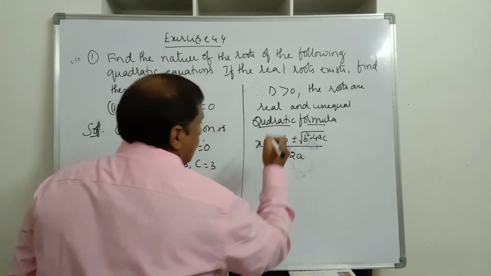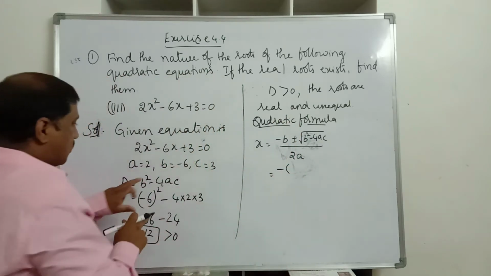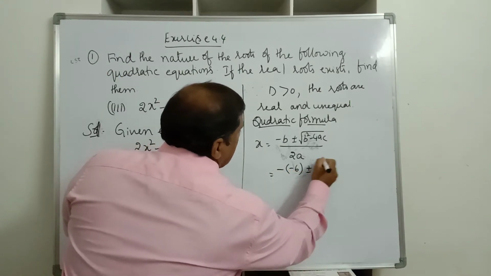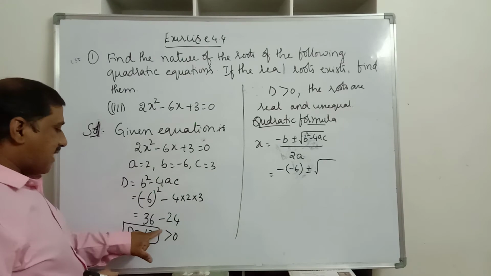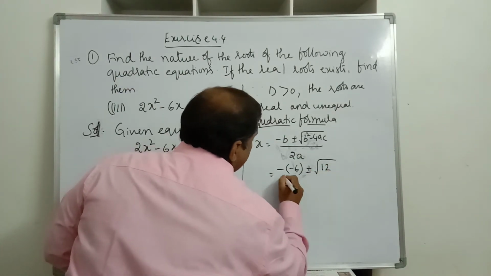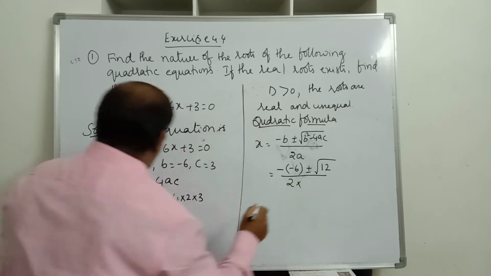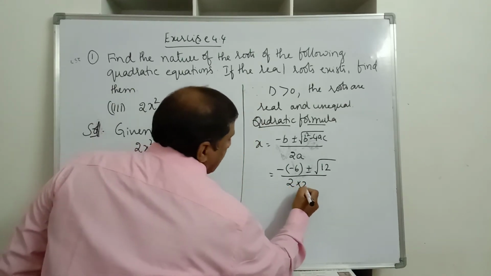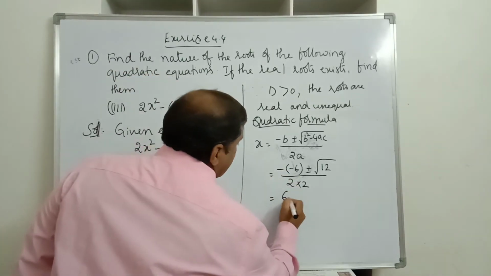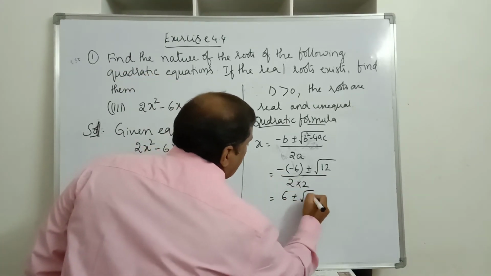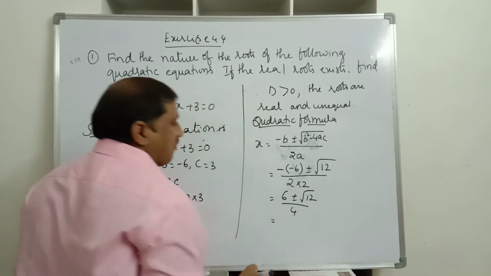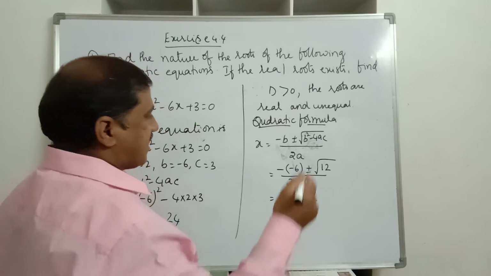Minus b is minus of minus 6, plus or minus square root of b square minus 4ac, which is 12, divided by 2 into a, that is 2 into 2. Now minus into minus is plus. We get 6 plus or minus root 12 divided by 4. Now find the prime factorization for 12.